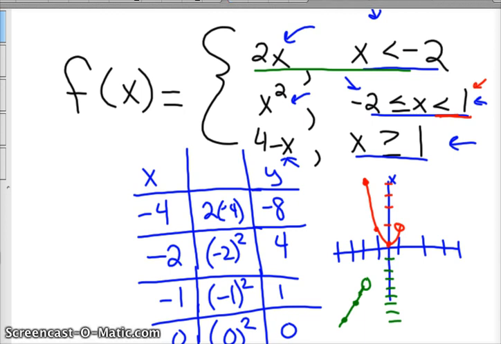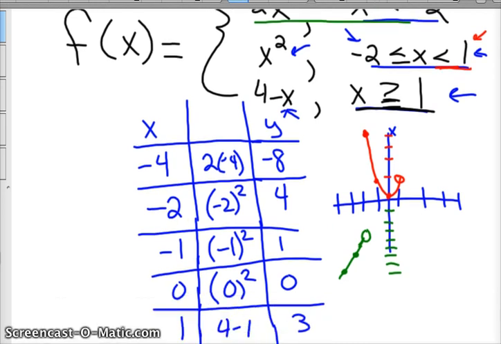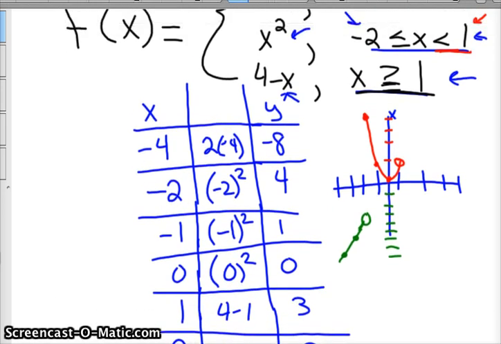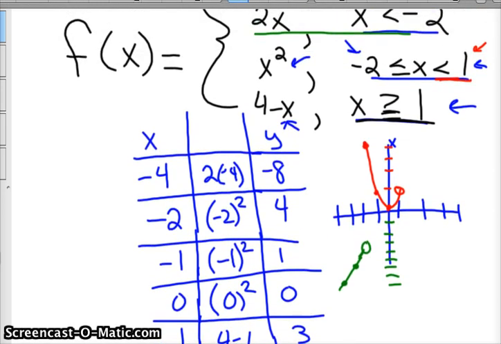And so there's what the top one looks like. And then the other piece, the 4 minus x, that's also a line. We'll do it in black, but it's for anything greater than or equal to 1. And so you start with 1 because it's equal to that. And we know 1 is 3. So this function kind of jumps all of a sudden up to 3.